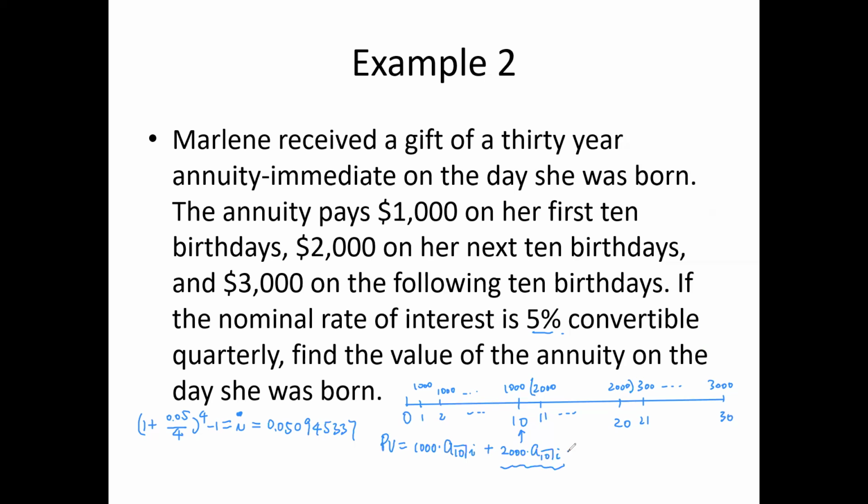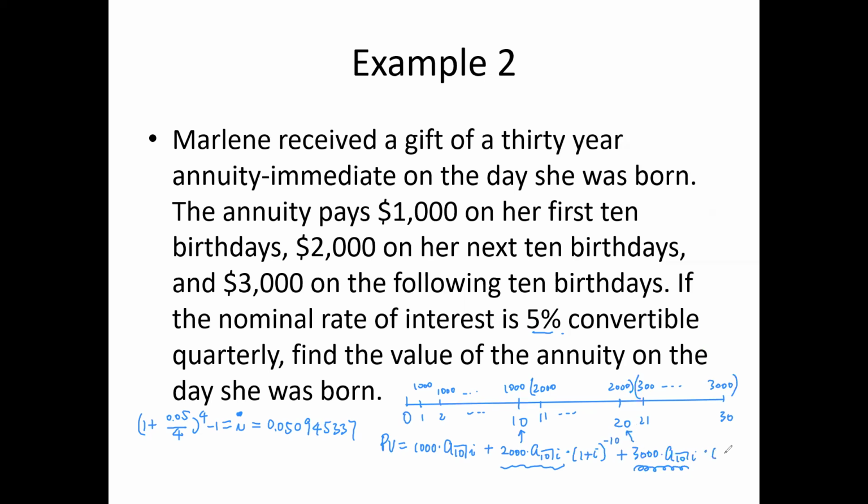And then you need to discount back to time 0, which is done by multiplying by 1 plus i to the negative 10. And then finally, we deal with the last part of the annuity, 3000 times a sub 10 angle i. This quantity is the present value at time 20.